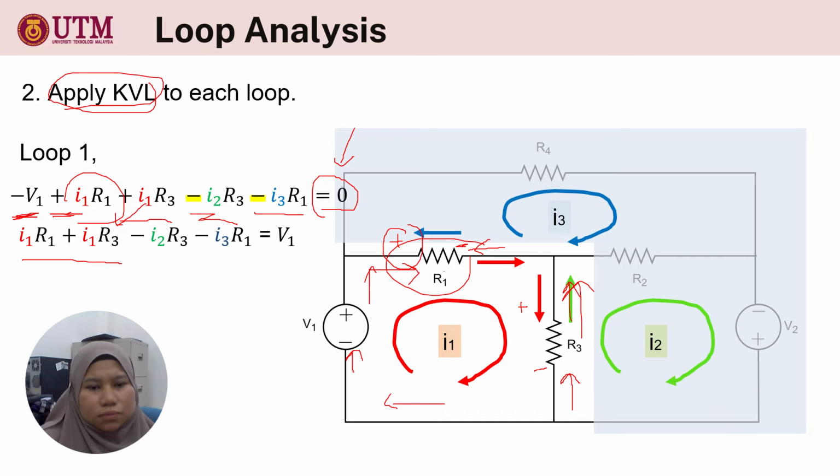Then the second term, negative I2, and the third term, negative I3. The fourth term is brought to the other side, so negative becomes positive. Why do we need this arrangement?